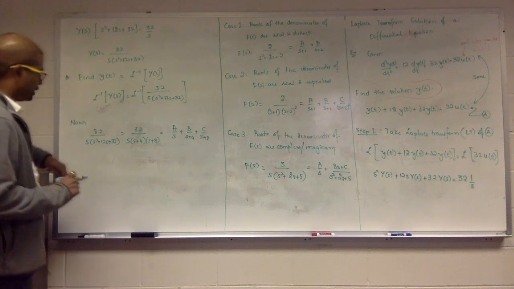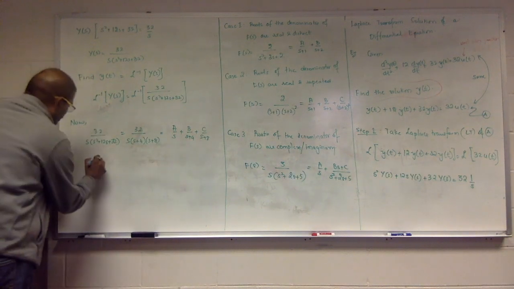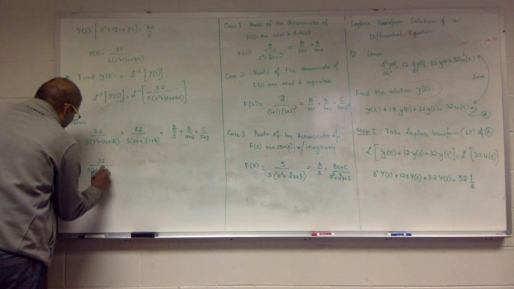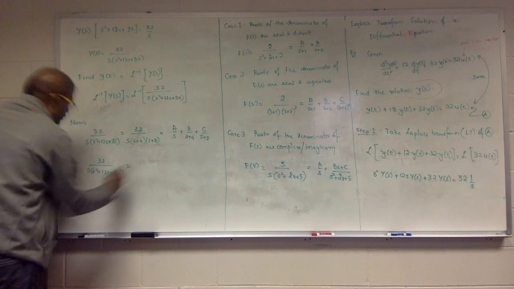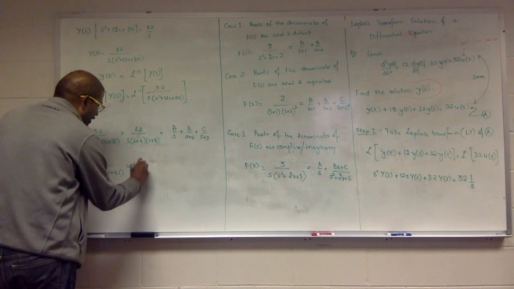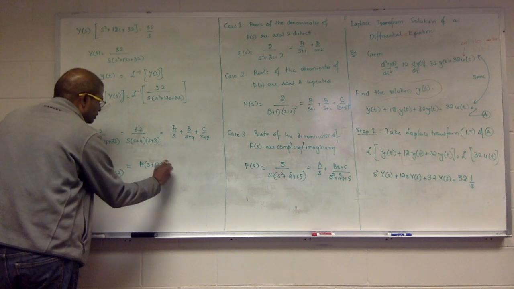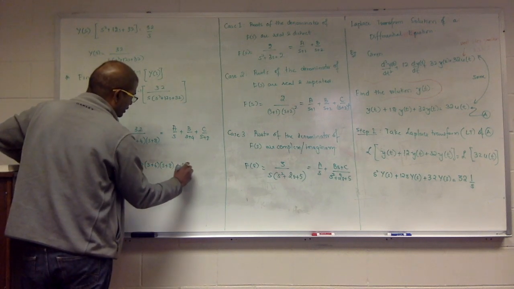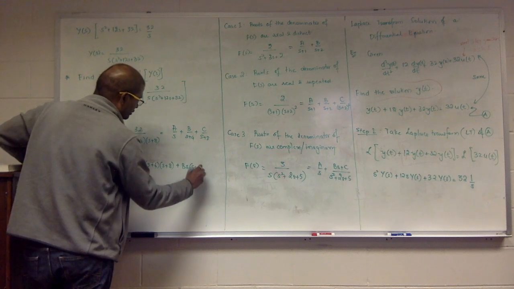Okay. Now, if I equate these two, what am I going to get? 32 divided by s into s square plus 12s plus 32 is equal to A into s plus 4, s plus 8 plus B s into s plus 8, right?